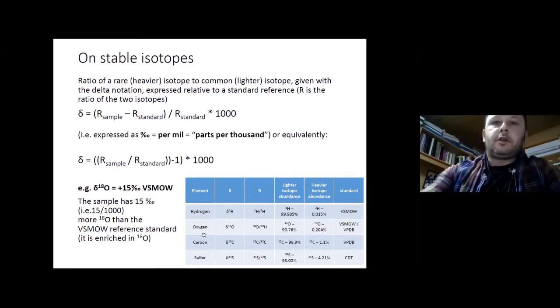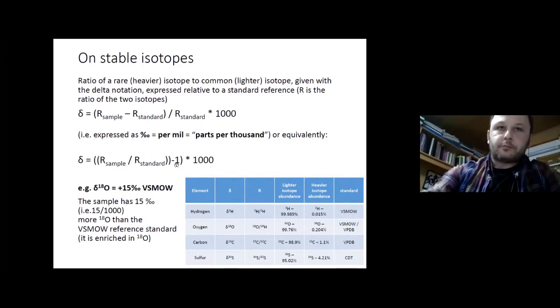Here are a few of the elements and some of the most common isotopic ratios that we are dealing with, and the notation in which it is given, the delta value, which gives our sample ratio expressed against the already determined standard value.